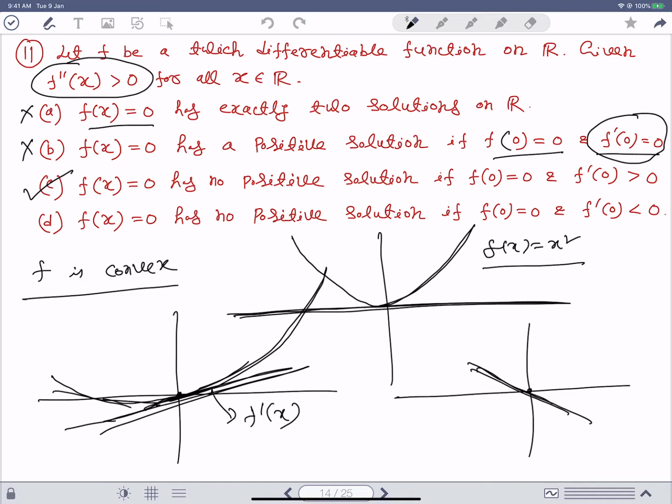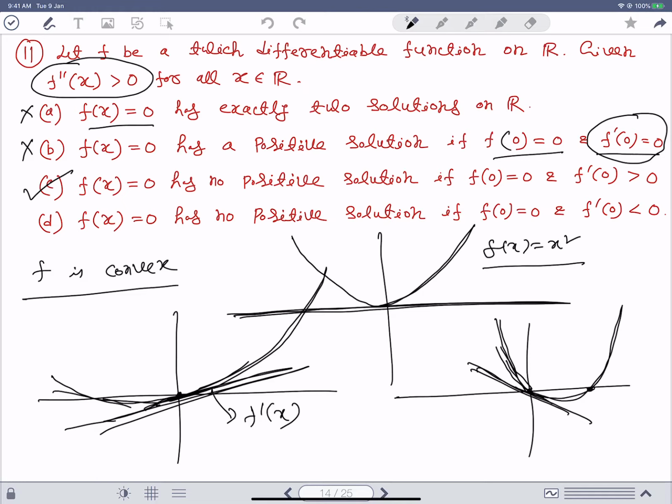Now what will be the answer? D is false, right. So it can have a positive solution because we can take this kind of curve, which is convex, but it will have another root, another positive solution. Okay.